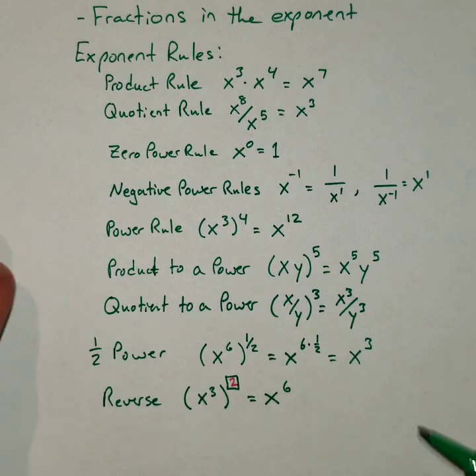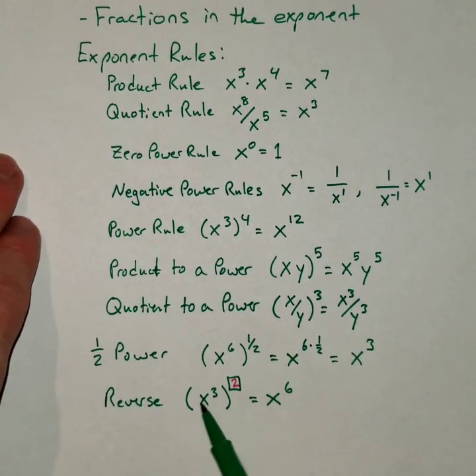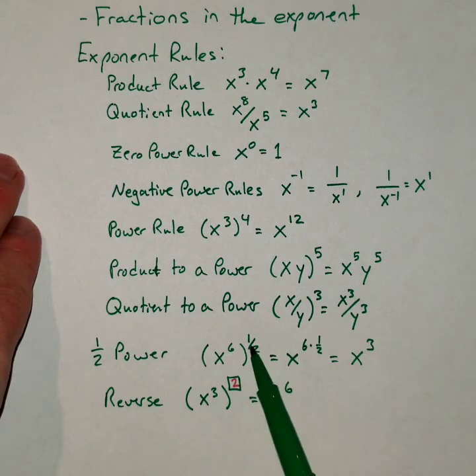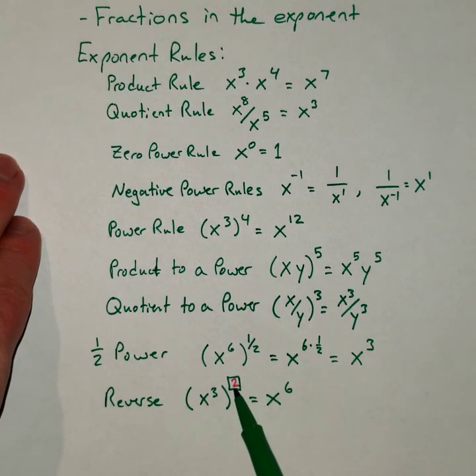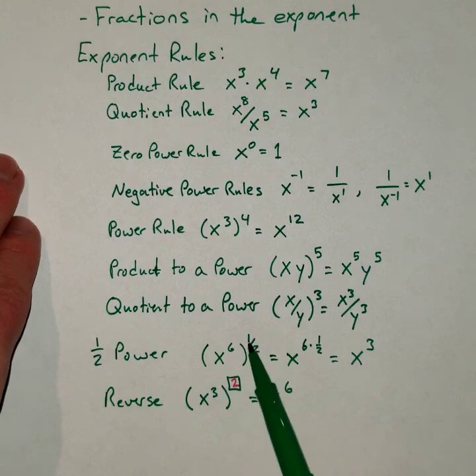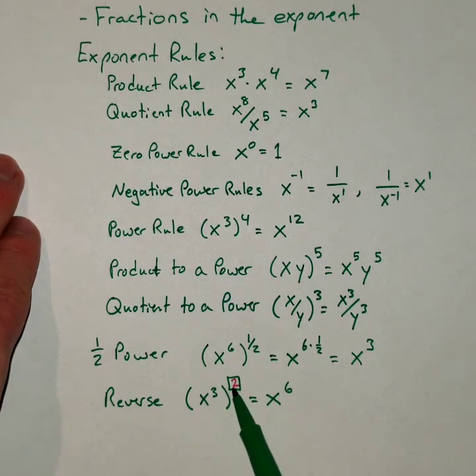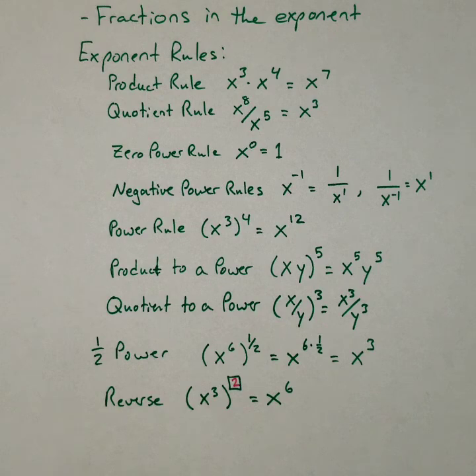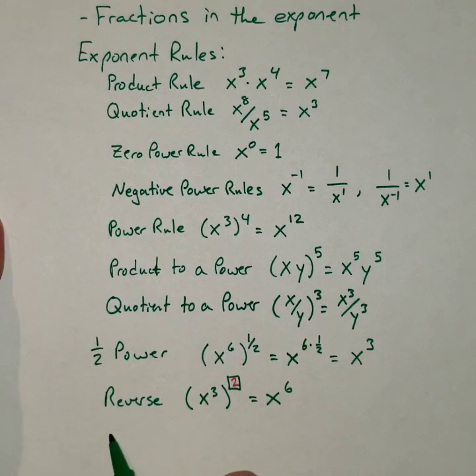Okay? So essentially what we're doing is, if the reverse of a 1/2 power is a square, then the 1/2 power and the square must be sort of inverses of each other, or one must undo the other. And we already saw that happen back in section 7.1 with a square root, right?